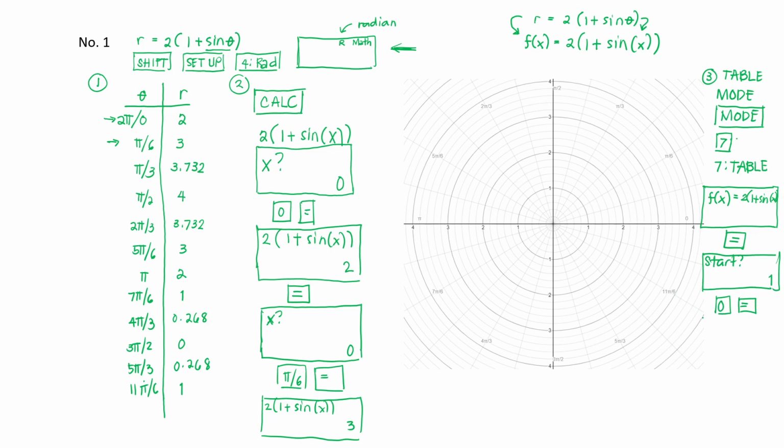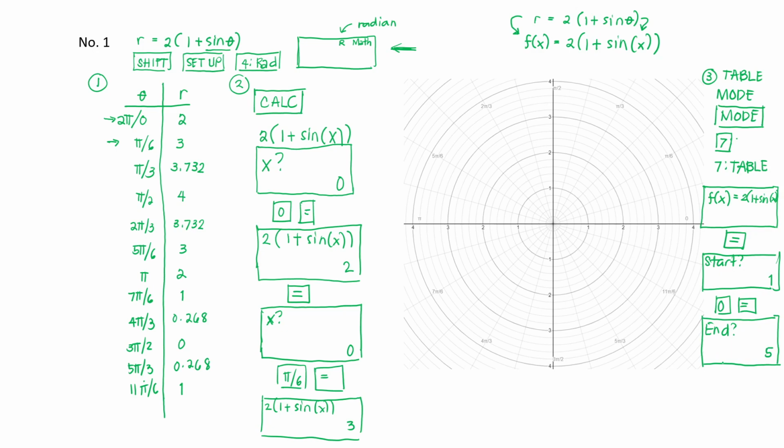Then what will appear next is another question, the end. The default end in my calculator is 5. We don't want 5.